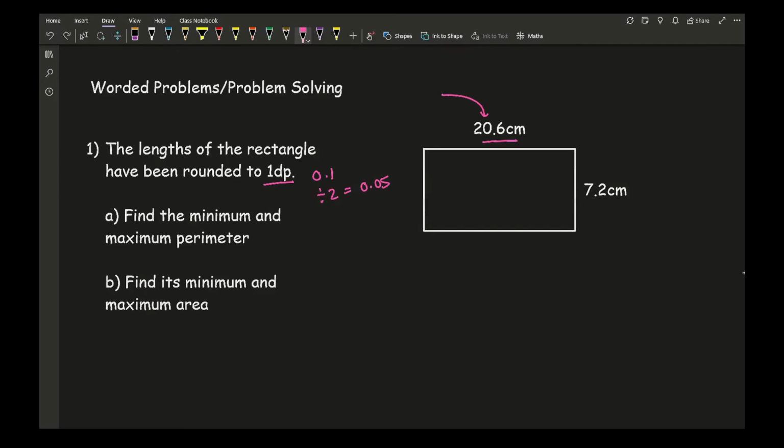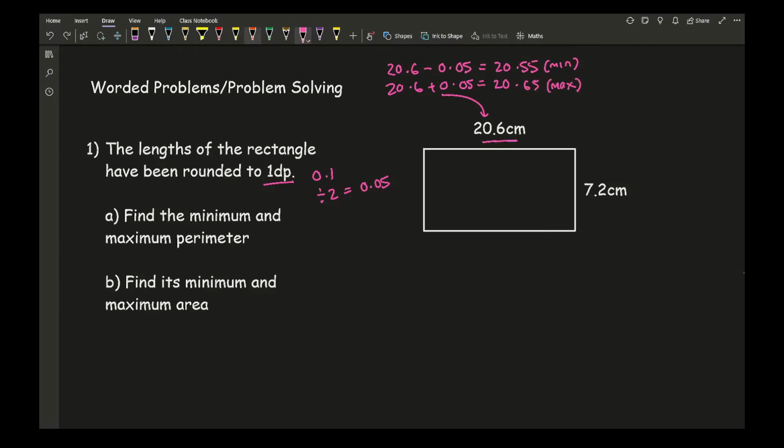So what I need to do is do 20.6 minus 0.05, which equals 20.55. That's the smallest. Then 20.6 plus 0.05, and that equals 20.65, and that's going to be the maximum length.